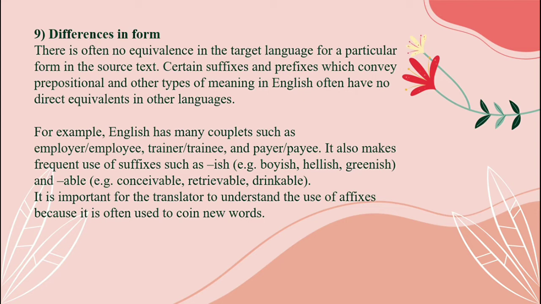It also makes frequent use of suffixes such as -ish, as in boyish, hellish, greenish, and -able, like conceivable, retrievable, and drinkable. It is important for the translator to understand the use of affixes because they are often used to coin new words.